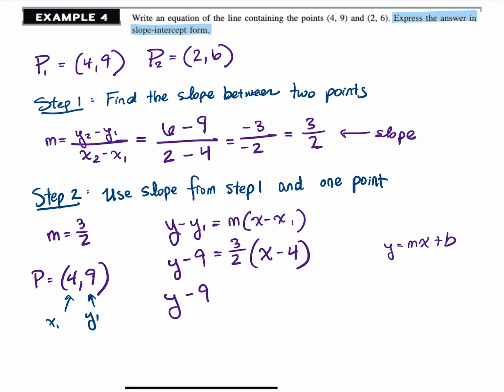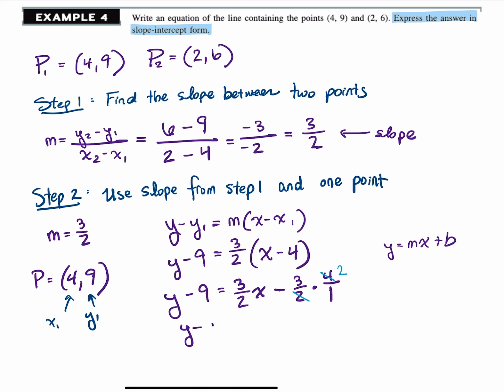So we'll have y minus 9. This will just give us 3 over 2 times x. And then we have our minus, and we'll have 3 over 2 times 4. I'm going to write that as 4 over 1. So that looks like this, 2 will go into the 4 2 times. So that should give us a negative 6 overall.